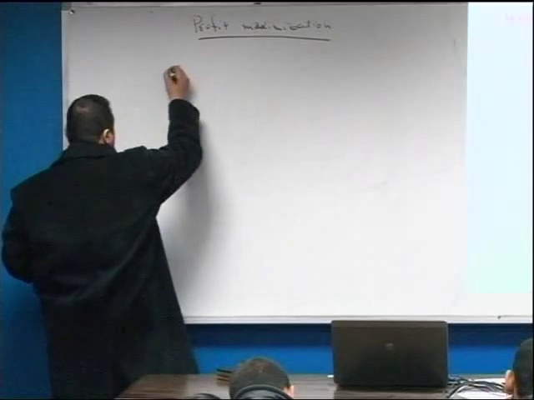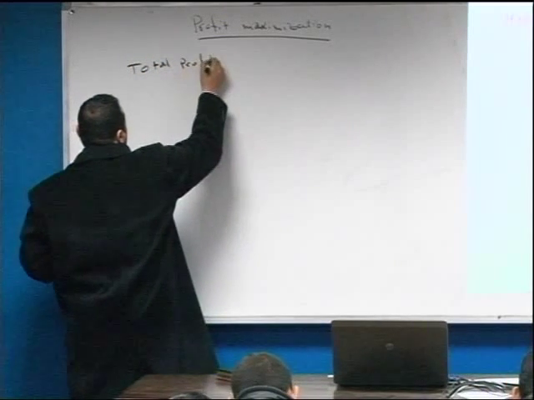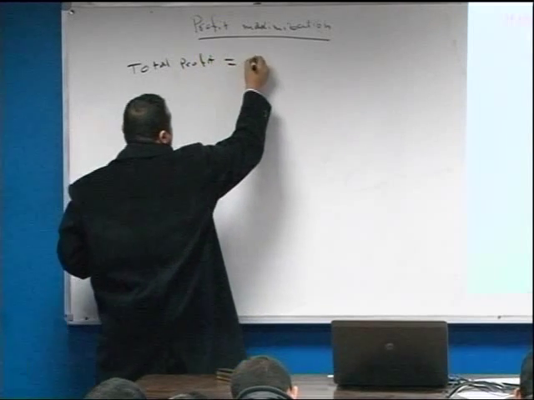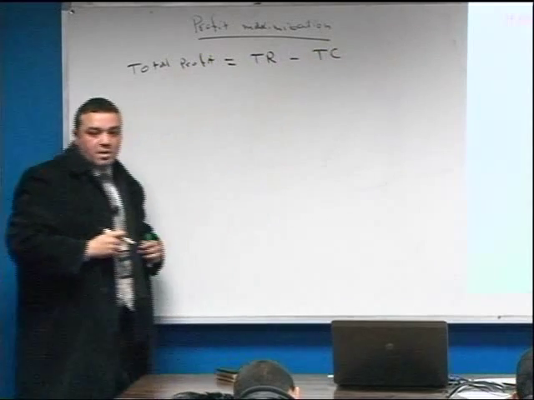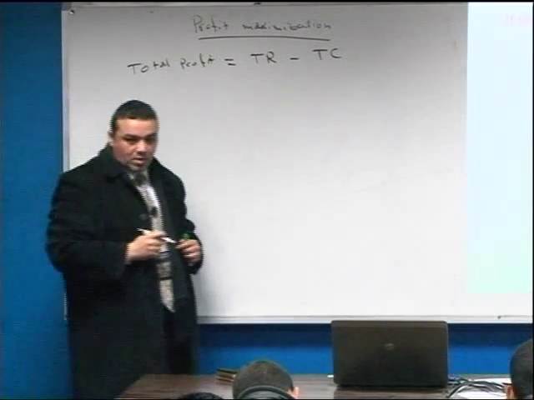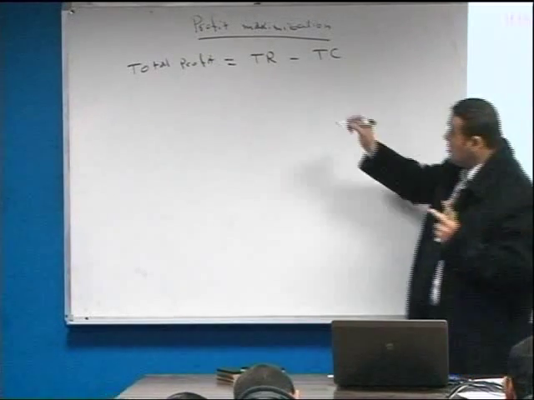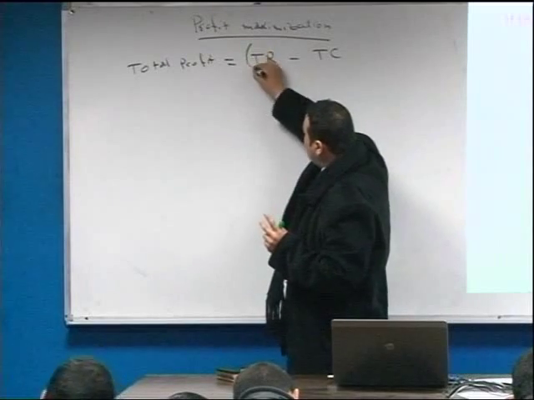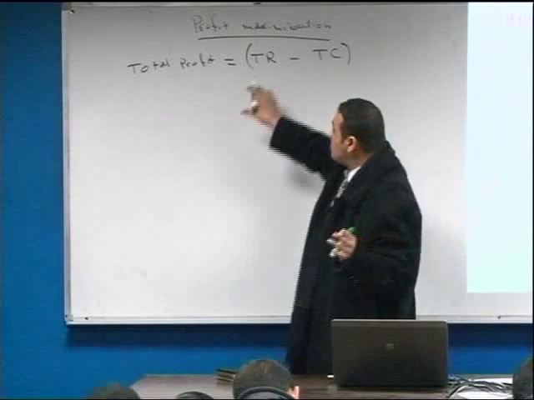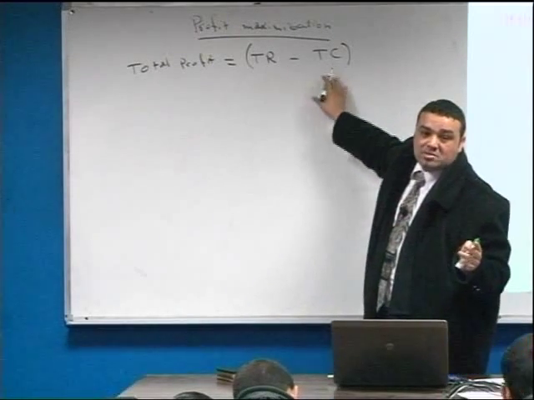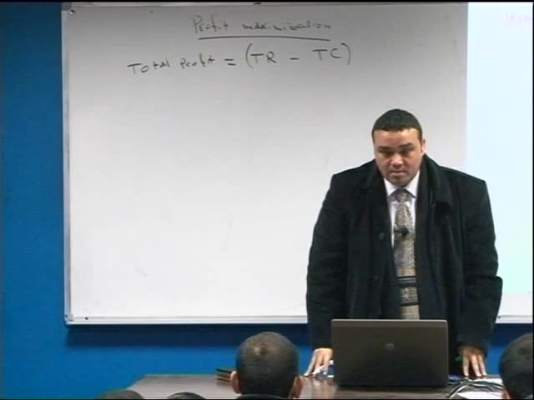What does the total profit equal? Total profit equals total revenue minus the total cost, right? To maximize the profit, we look for the highest gap between the total revenue and the total cost, when the total revenue is larger than the total cost, right?